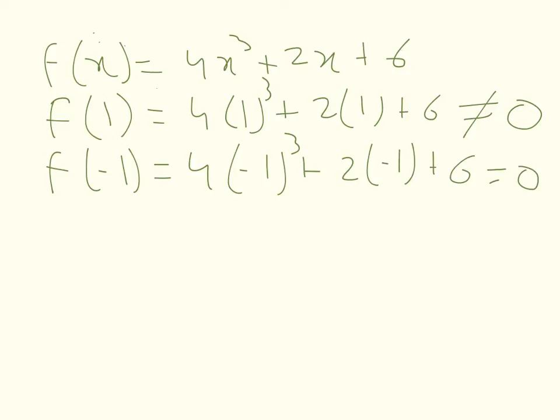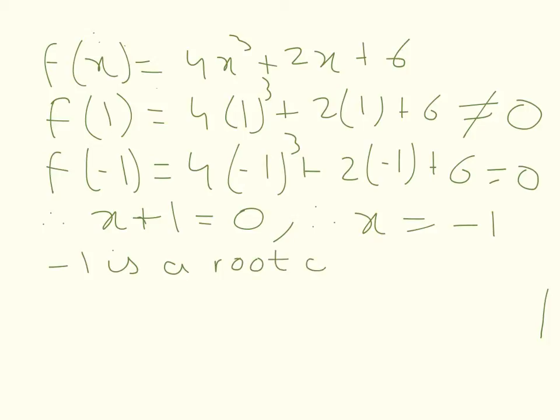The question requires me to give an answer of a root of f of x. So therefore, x plus 1 would give me 0, and therefore x is equal to minus 1. So minus 1 is a root of the polynomial.